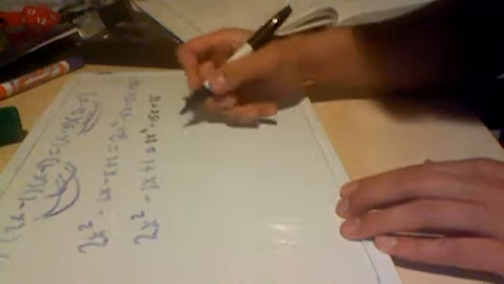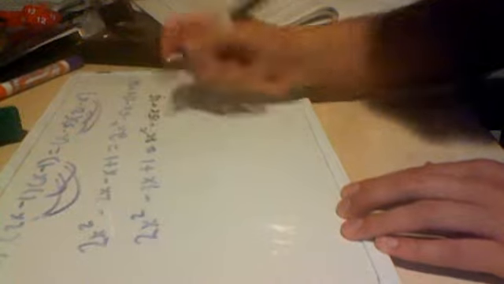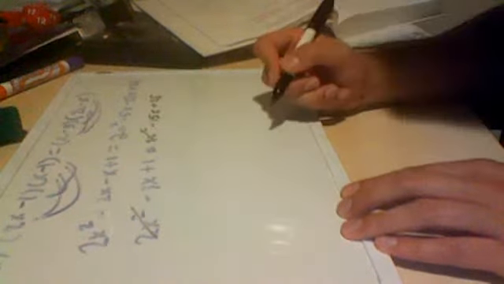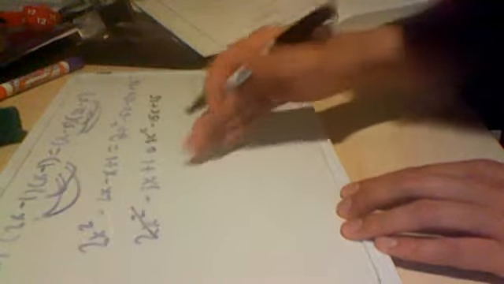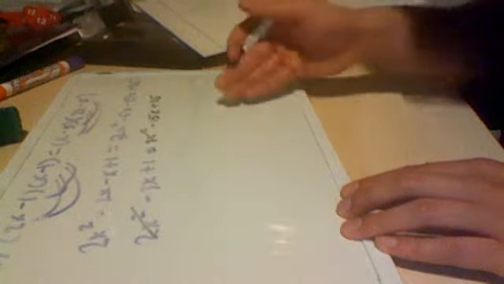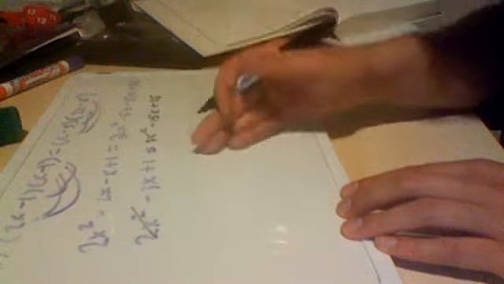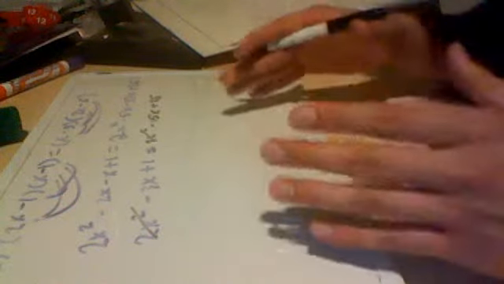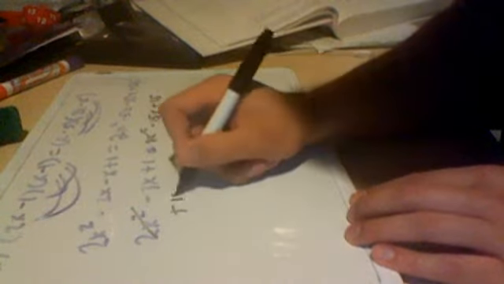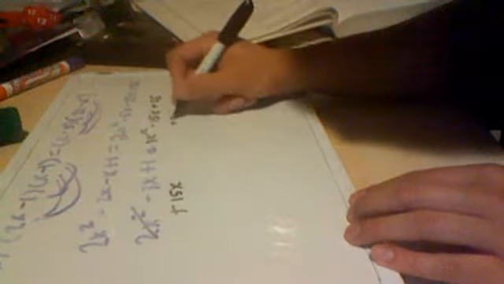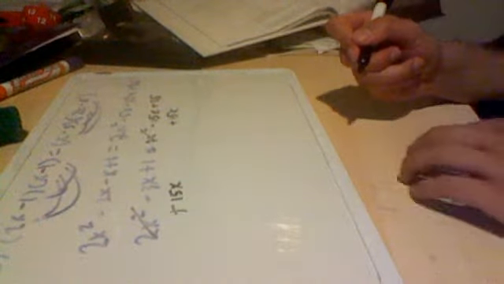Now it's time to do some basic applications of subtraction. We notice that there's 2x squared on both sides, so we subtract 2x squared from both sides to get rid of those. And then let's get the x's on one side and the constants, the integers without any variables multiplied to them, on the other side. So I'm going to add 15x to both sides of the equation to get rid of the minus 15x on the right-hand side.